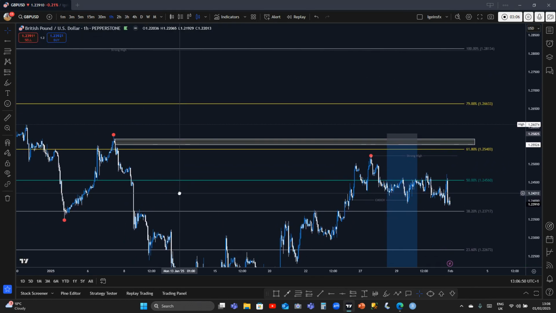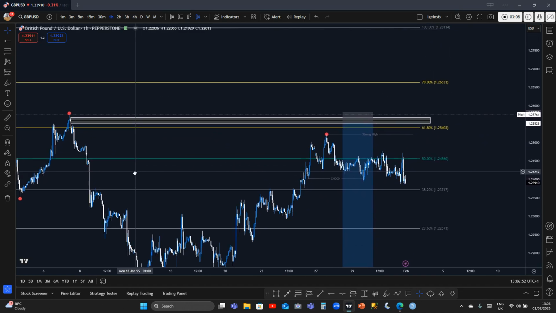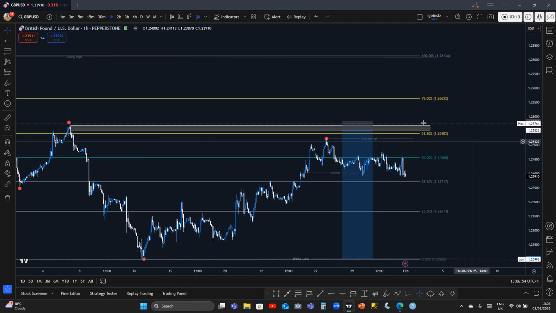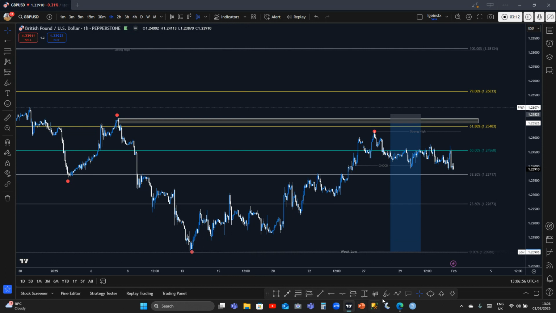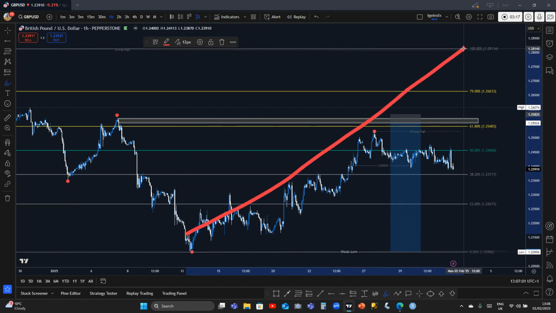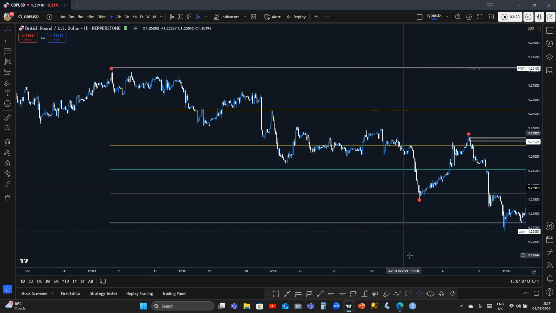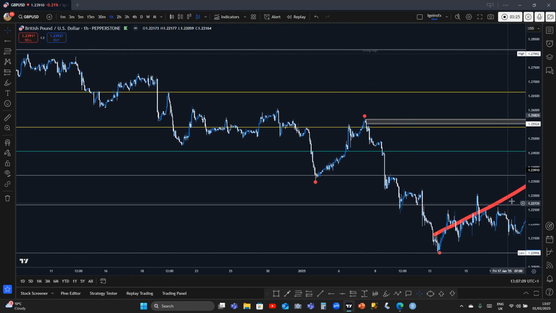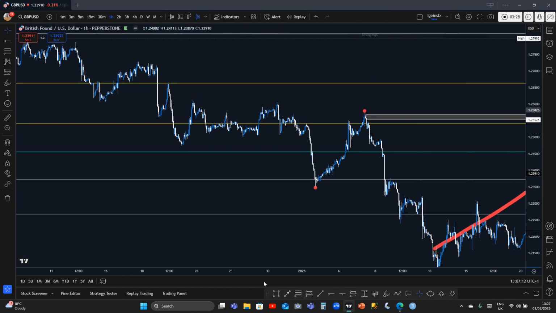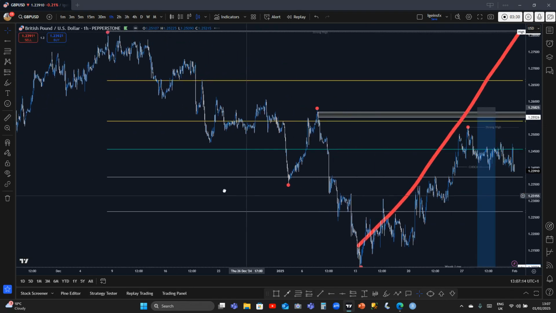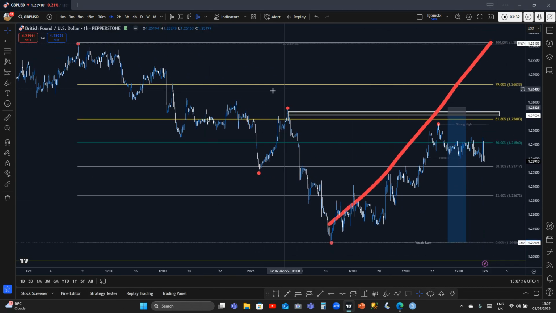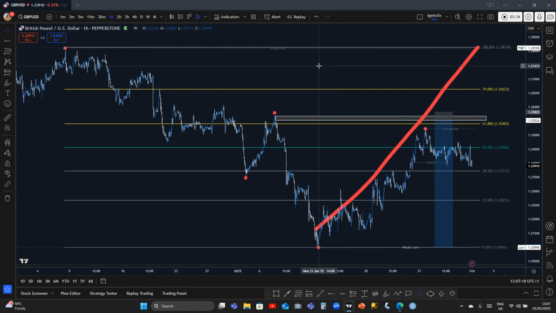All right, but on no account should the pullback take out or pull back up to 100%. When I say 100%, I'm referring to the major structure, the main structure. All right, because as a trader you must know where you are in the market.